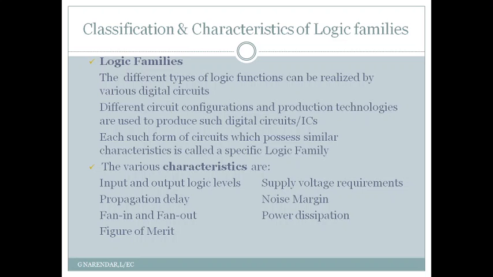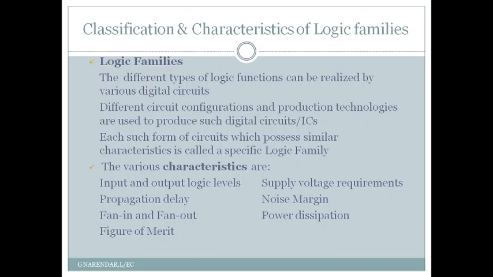So if one group of digital circuits is produced by the same or similar circuit configuration and similar production technology, they will possess similar characteristics also, and that group or family is called a logic family.